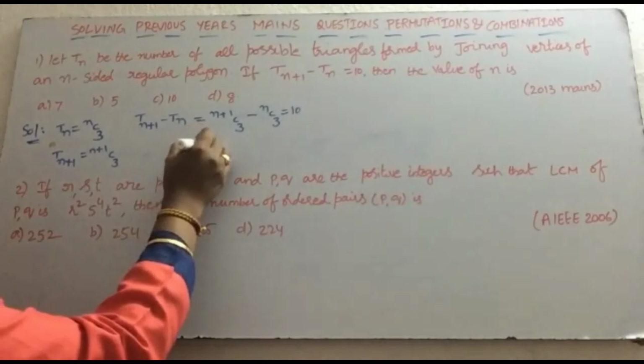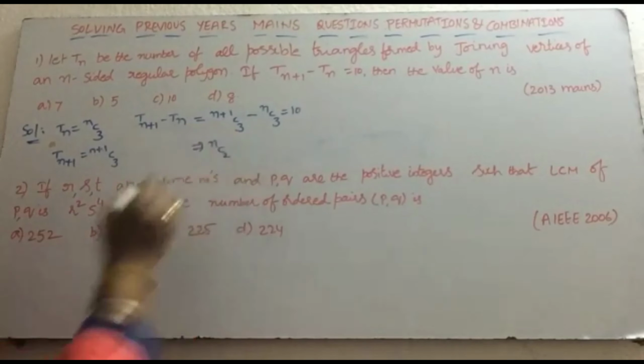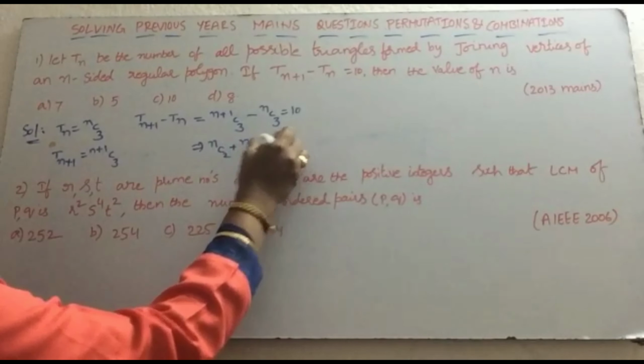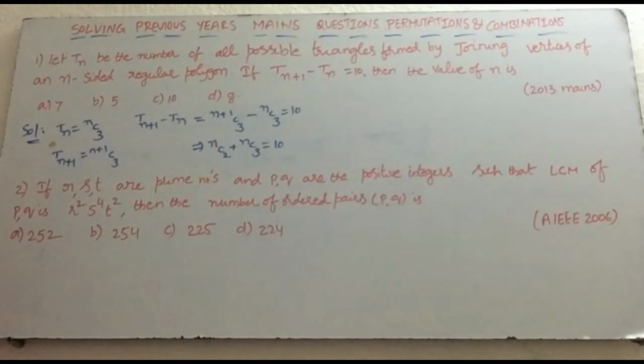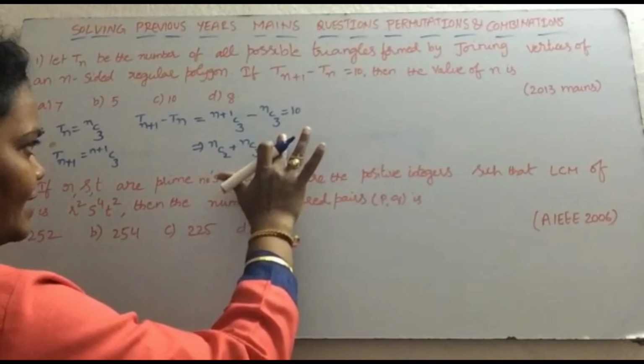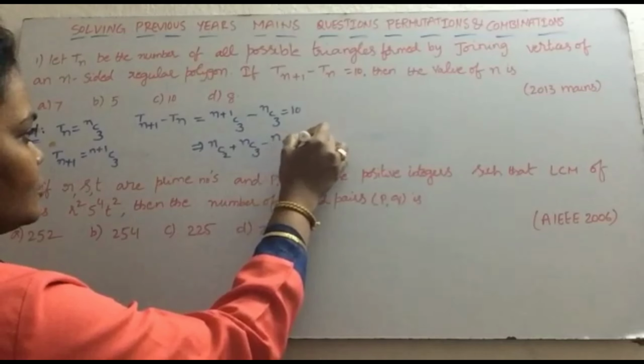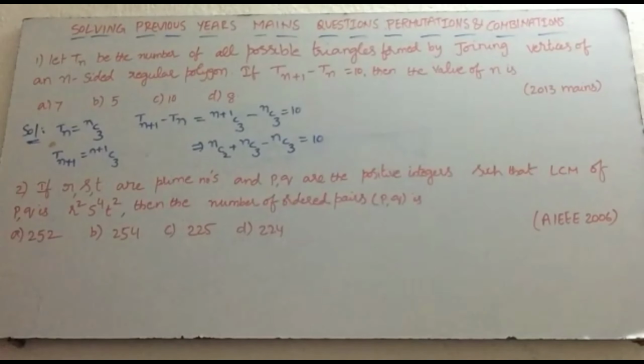So that implies nC2 plus nC3 minus nC3 is equal to 10. Why?